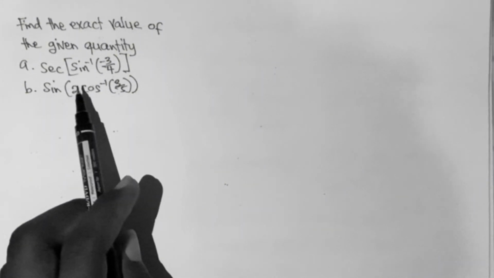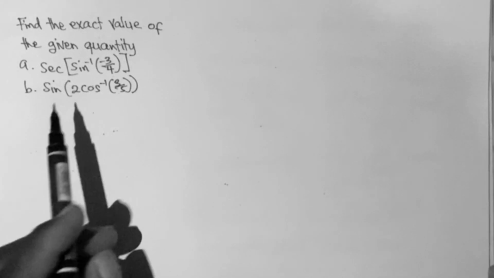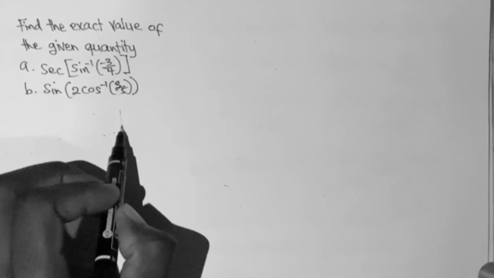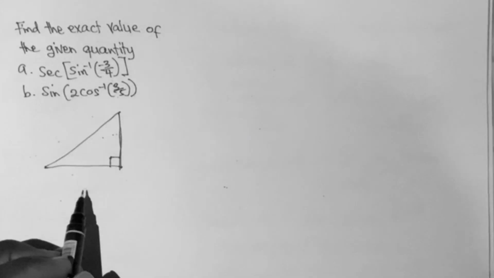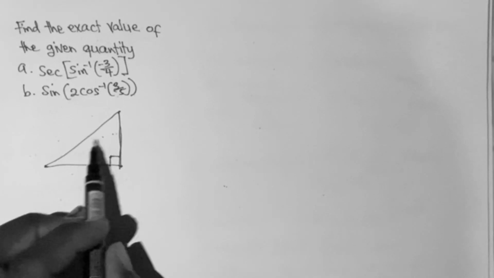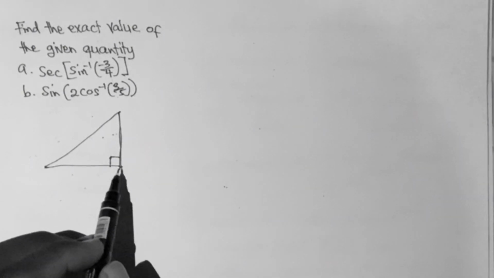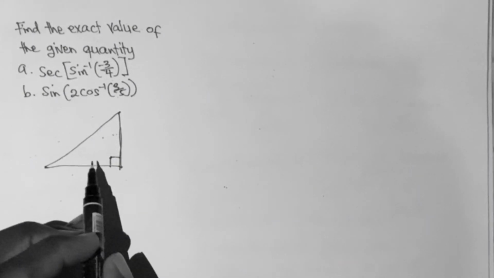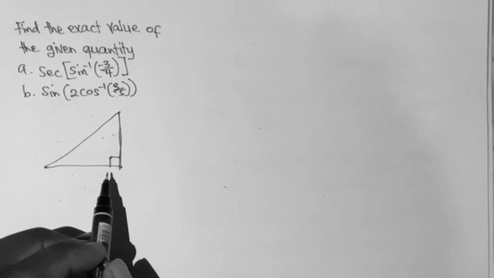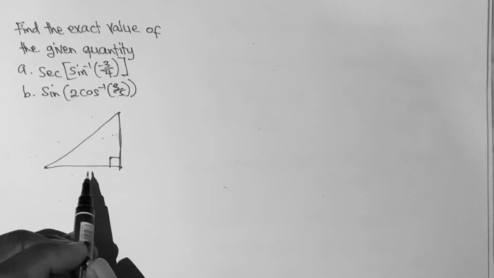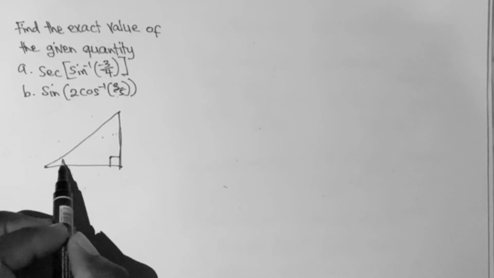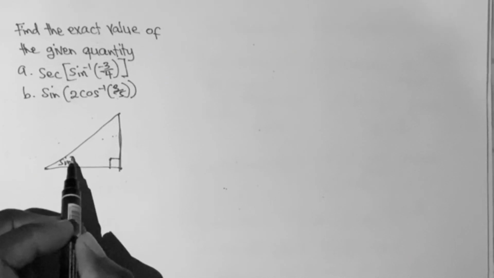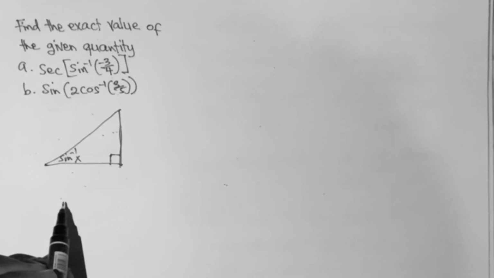So this is a case of the special triangles. Now let me draw one of the special triangles. We know that the sum of the angles in a right angle triangle is pi, or 180 degrees. So in this case, the angle here is going to be sine inverse of x.